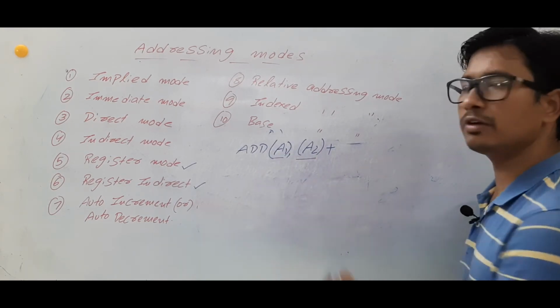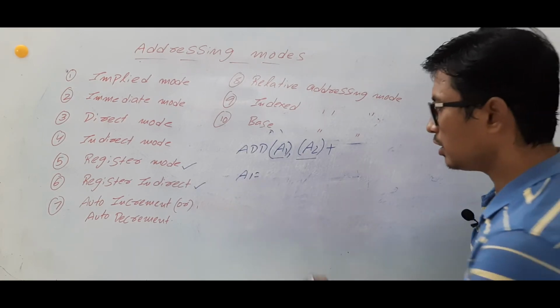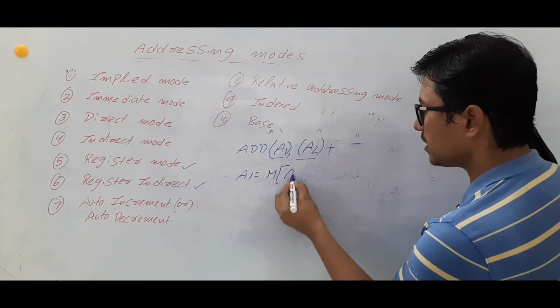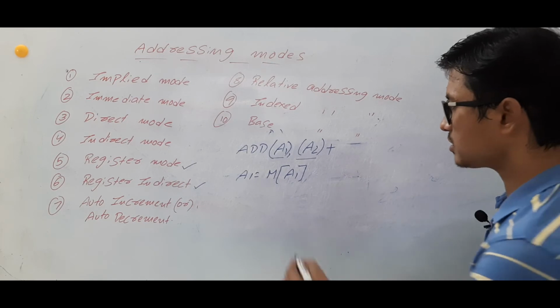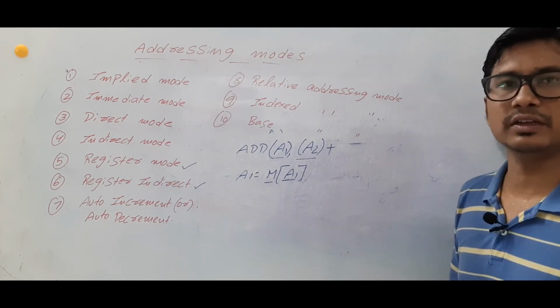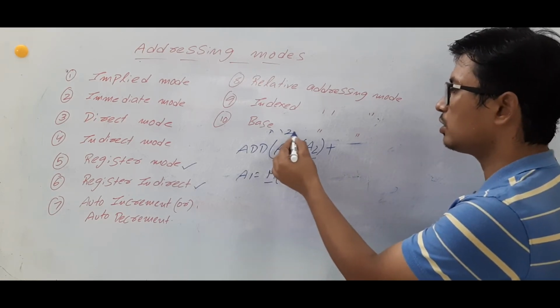Then how will it be performed? Now A1 is equal to, you will go and fetch the value which is there in the address A1. Meaning you are going to the main memory with the value which is there in A1. So whatever the value will be there, let's take that it is 2.